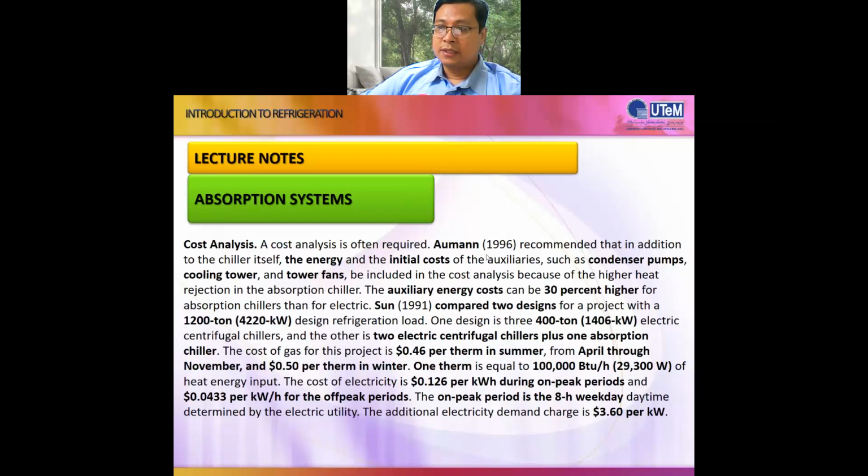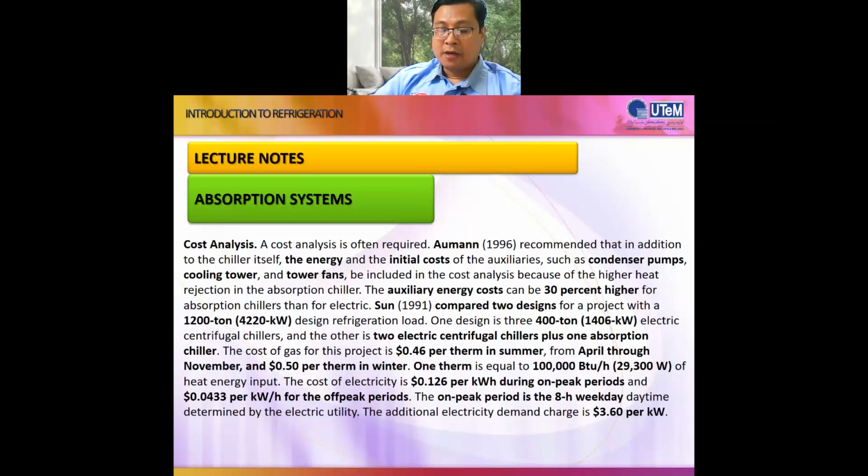There is already a recommendation from research, Oman in 1996, recommending that in addition to the chiller itself, the energy and initial cost of the auxiliaries, such as condenser, pump, cooling tower, and tower fans, be included in the cost analysis because of the higher heat rejection in the absorption chiller.